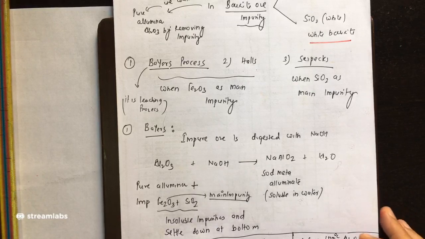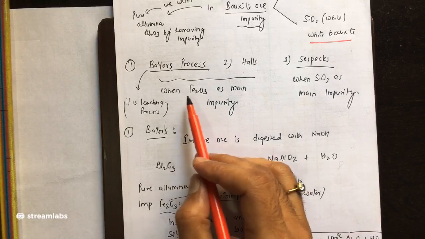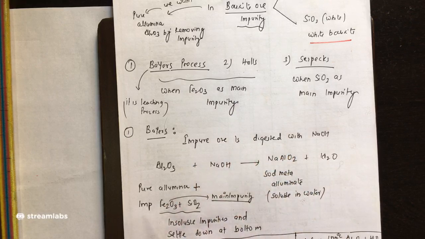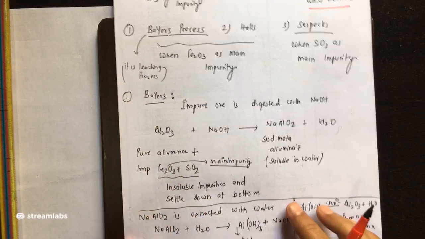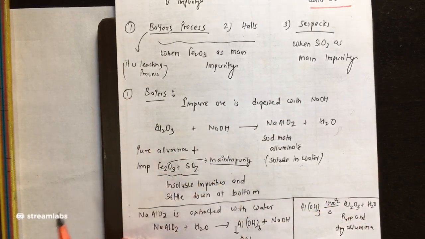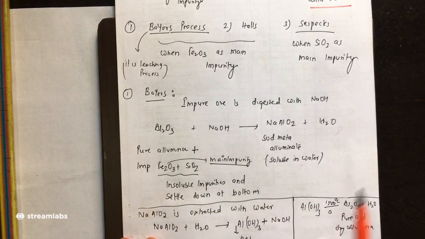Bayer's process and Hall's process are used when Fe2O3 is the main impurity. It is a leaching process actually. Serpek's process is used when silica is the main impurity. Okay, let's see what happens here. You talk about Bayer's process. You have an impure ore, that is alumina. You take the bauxite ore, and you digest it with NaOH.